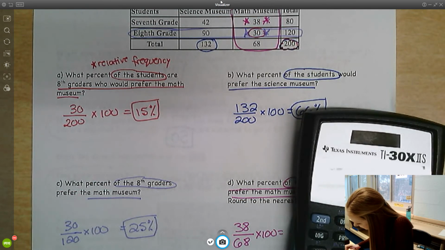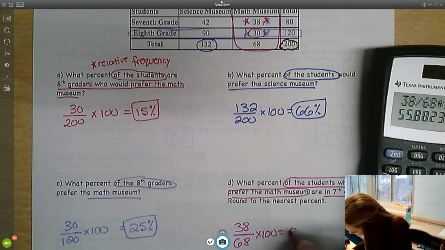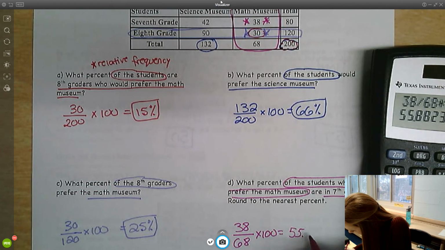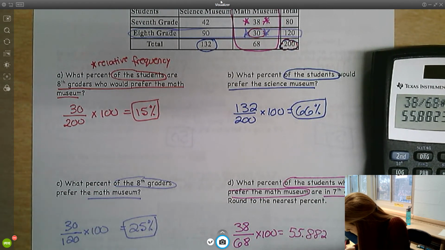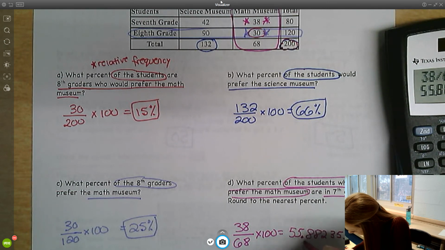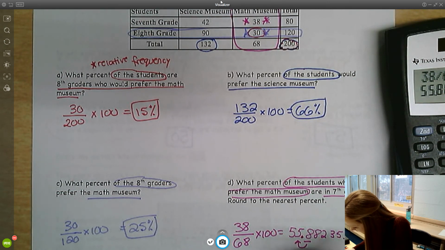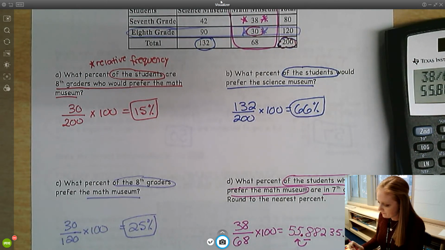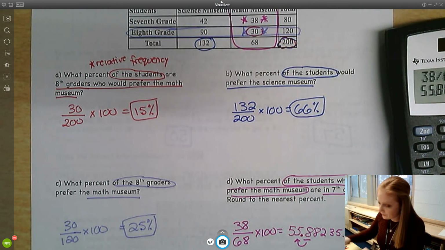Convert that to a percent. We get 55.88235, and so on. The 8 tells the 5 to go up 1 to 56%. All right, there you go.